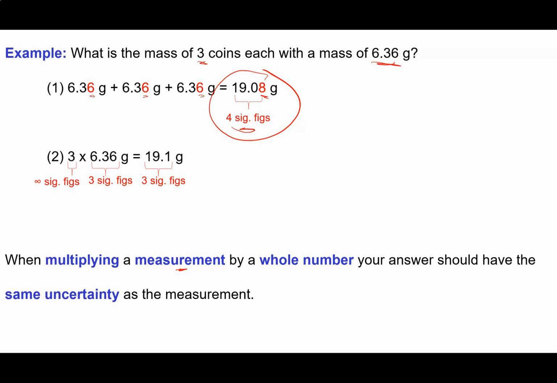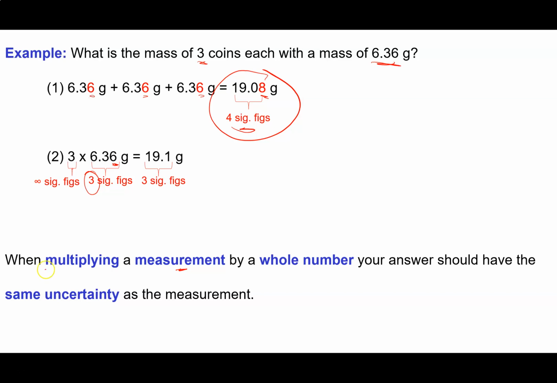What we're not going to do is just do 3 times our number and then apply the sig figs rules for multiplication, because if we do that, we would say that our answer should have 3 sig figs, and that doesn't make any sense. The reason is why did we lose information in the hundredths just because we multiplied 3 of these measurements together? It doesn't make any sense that you would lose information simply by multiplying by a small whole number.